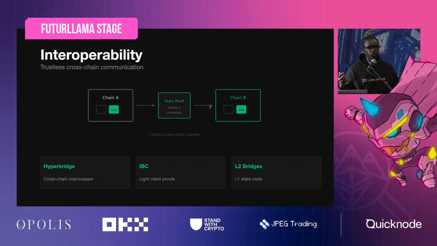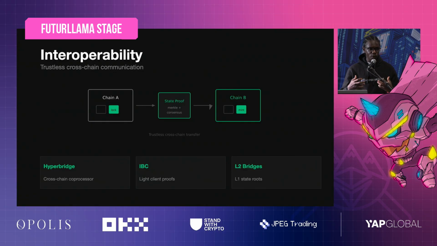There are different applications for interoperability, right? You can have token bridging, you can have lending, you can have all kinds of applications that require interoperability. There are already a few examples of interoperability protocols today that require state proofs. One of them is, of course, Hyperbridge. But then you also have things like IBC, which comes from the Cosmos ecosystem.